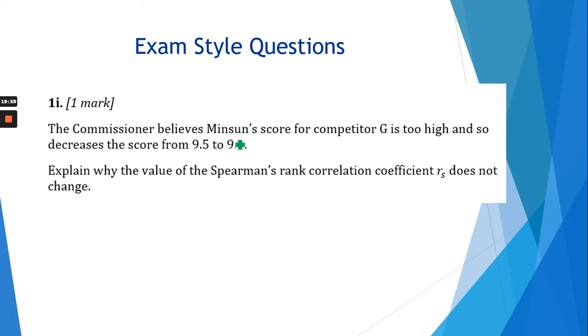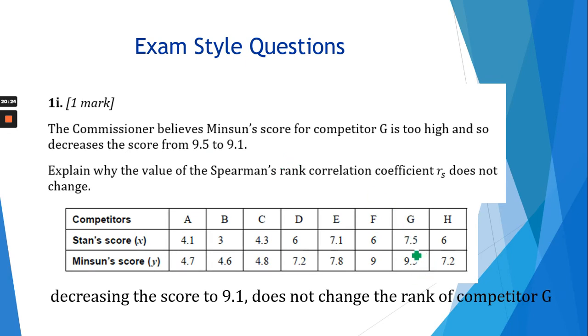Okay, so let's go to question 1I. The commissioner believes Minson's score for competitor G is too high and so decreases the score from 9.5 to 9.1. Explain why the value of the Spearman's rank correlation coefficient, RS, does not change. So let's take a look at the table again.